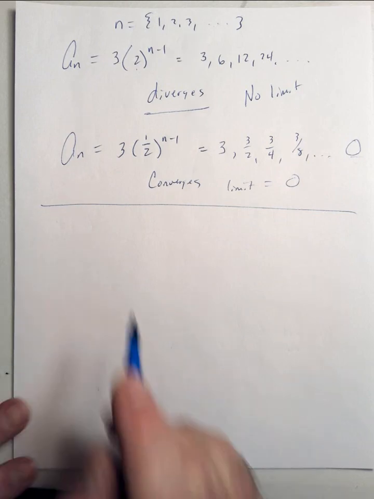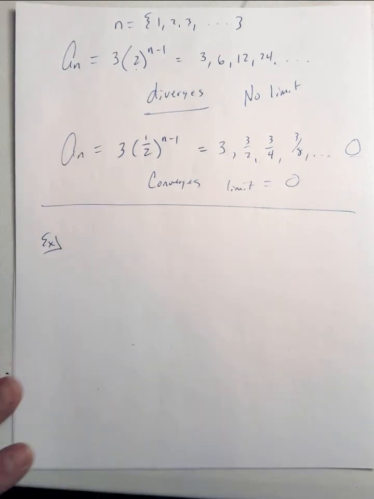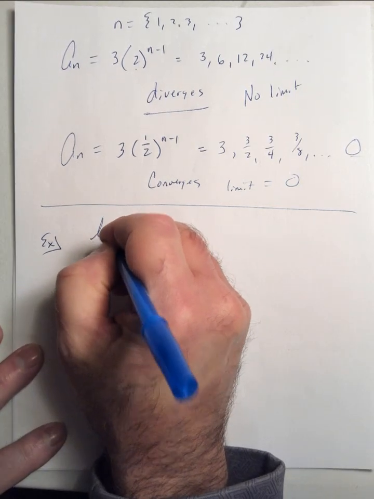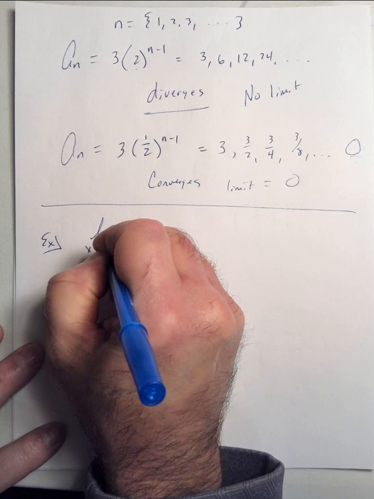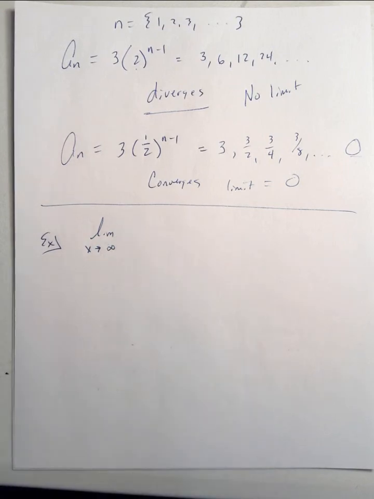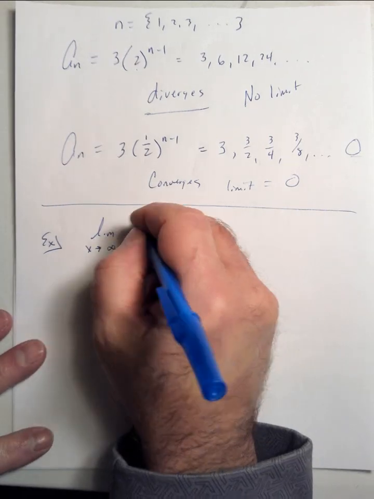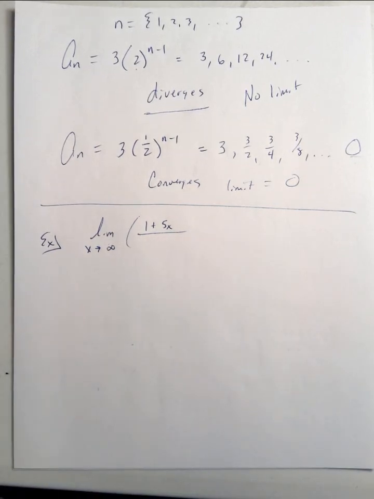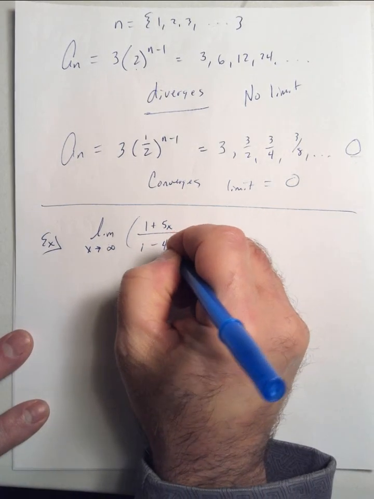I'd like to look at this first example, which is the limit as x approaches infinity. And again, pay attention to some of these examples because there's a couple things here I want to point out. And we have 1 plus 5x over 1 minus 4x.